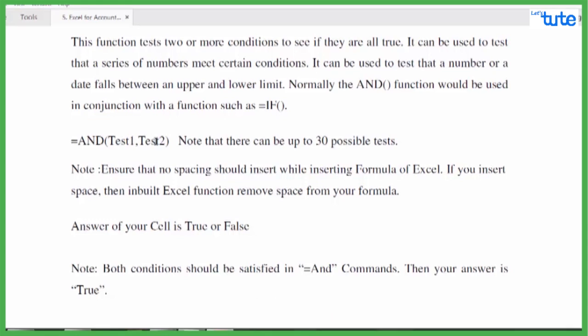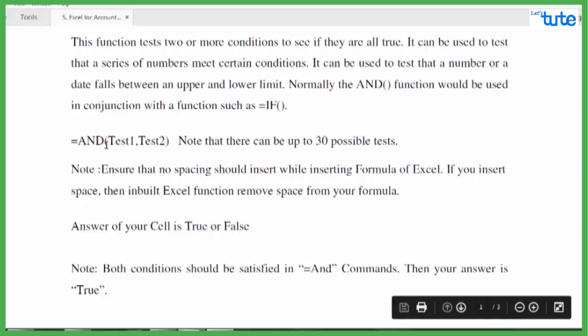If there is no third, fourth condition, bracket close. Please note that I have not used any space anywhere. Space is not allowed in any Excel function. If you mistakenly give any space bar, then Excel automatically removes this space from the function.